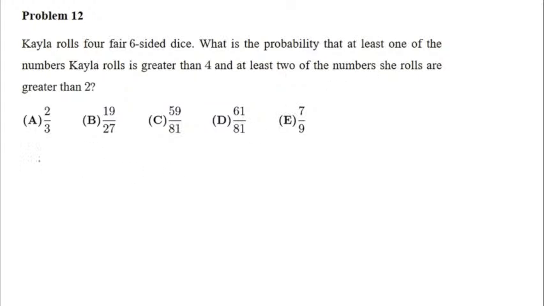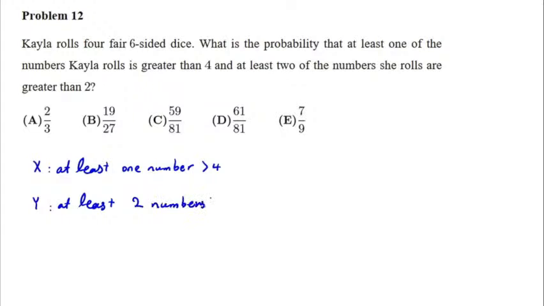So let's consider X first: at least one number is greater than 4, and Y is at least 2 numbers are greater than 2. And then we want to find P of X intersect Y.